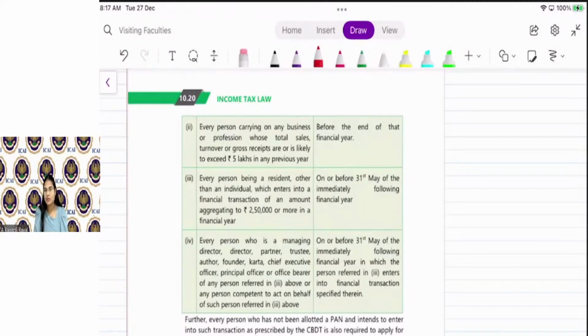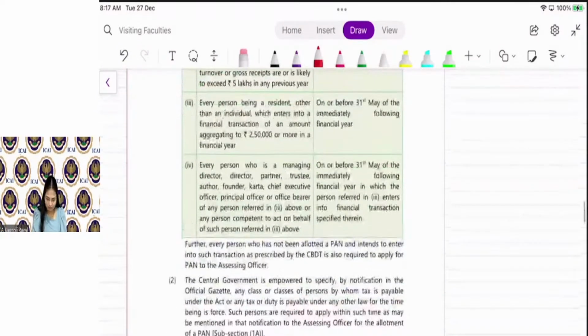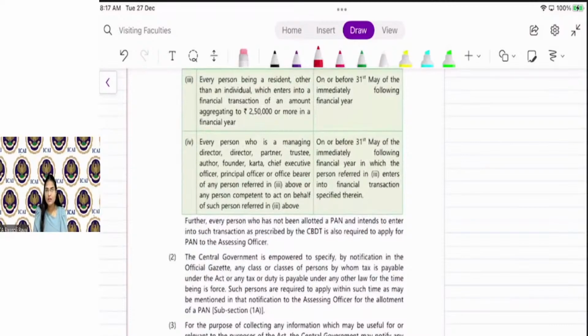Then the company has to apply for PAN on or before 31st May of the immediately following financial year. Every person who is a managing director, partner, trustee, author, founder, karta, CEO, or principal officer of a company, then they have to apply for PAN before 31st May of the immediately following financial year.